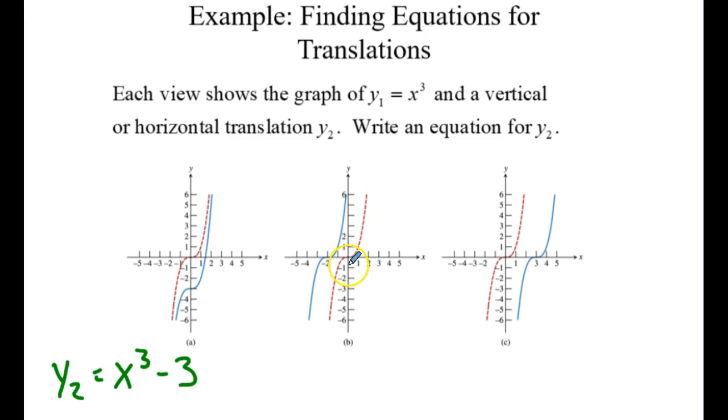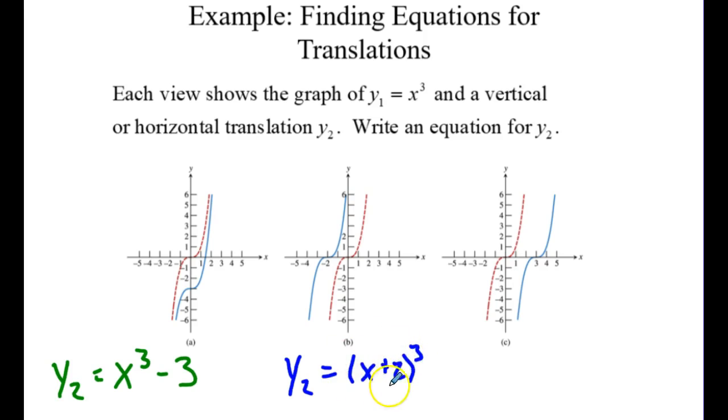If we look at graph B, we started in the middle at the origin with y equals x cubed. We translated left 2 units. So with our y sub 2 equation, since it's a horizontal translation that occurs within the function, inside parentheses we have x, and we move to the left, so it's x plus 2 quantity cubed.